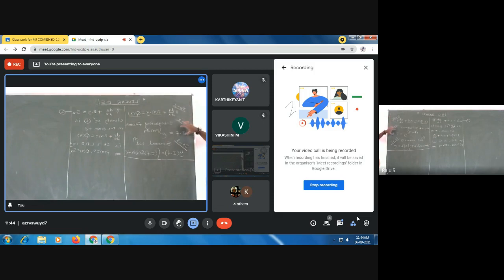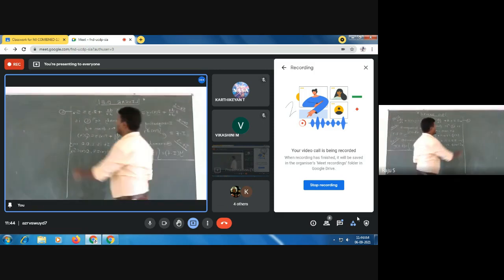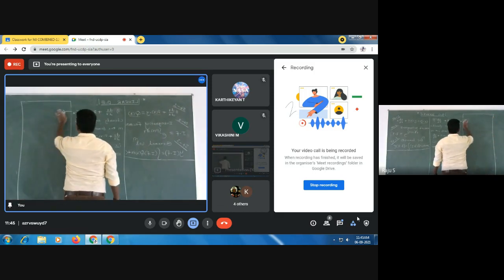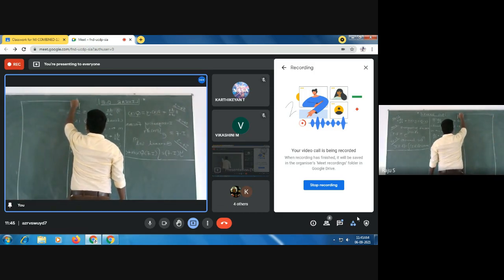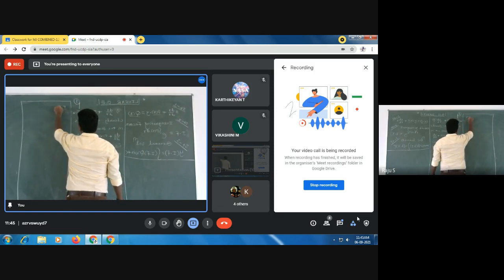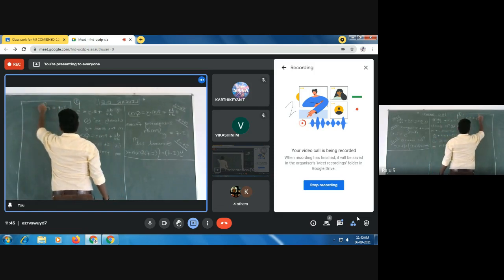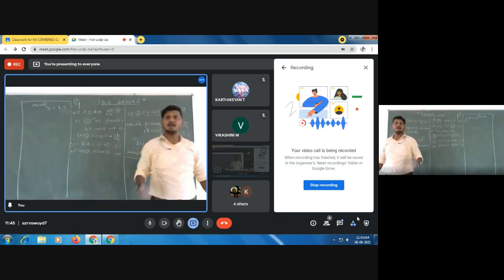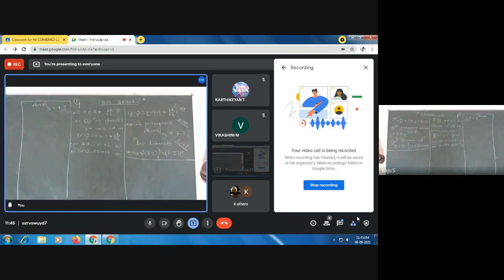Next, step 2, we have to find the integrating factor. The integrating factor formula is e to the power of integral p of x dx. Substitute p of x value 2.